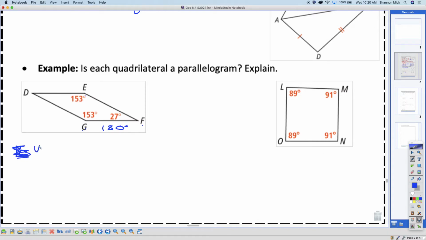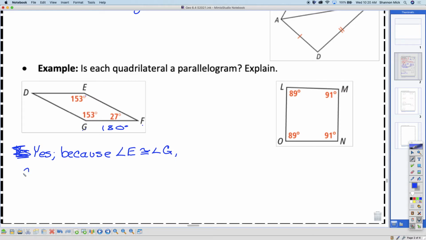Okay, just a second. Carly, what I'm telling you is you don't worry about D. What you did wasn't wrong, but worry about what you have. Does that make sense? We have E and G. Angle E is congruent to angle G, and that's one of the rules, correct?